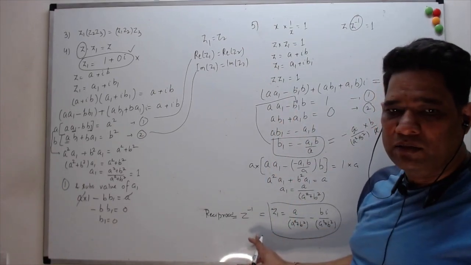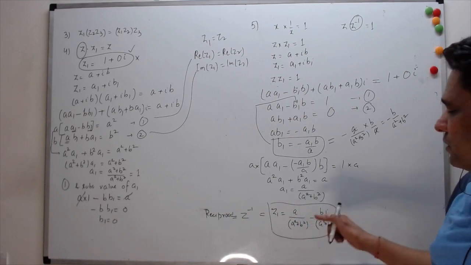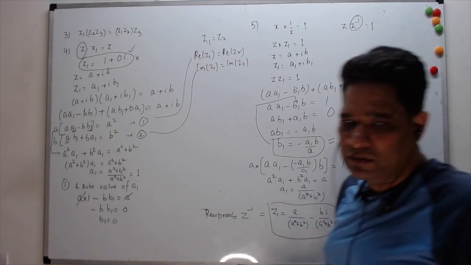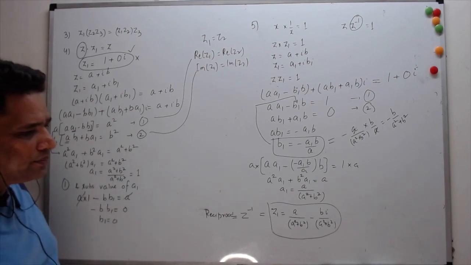They are all the same values, and that value is a over the sum of the squares of the two minus bi over the sum of the squares of the two. Does that make sense?